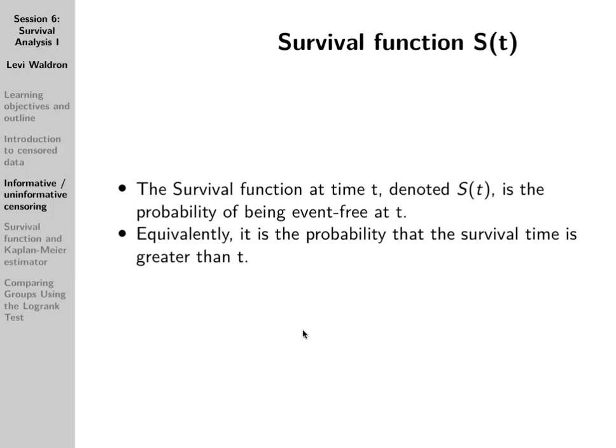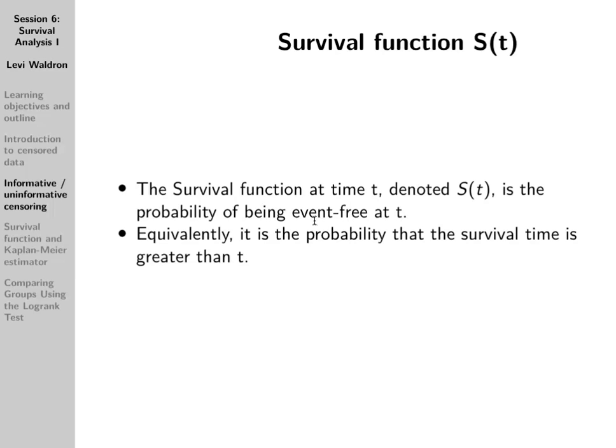So I'm going to introduce some functions that we're going to be estimating today, and that the rest of the survival analysis that you're going to learn depends on. This first function is called the survival function, S of t, and it is intuitive. It is the probability of being event-free at time t.